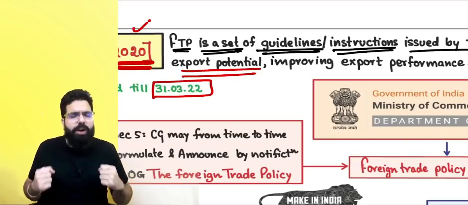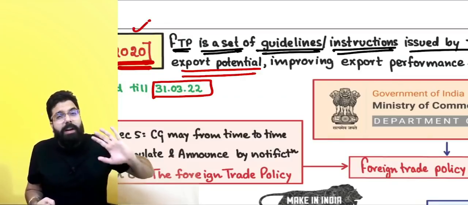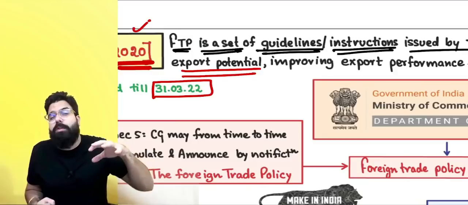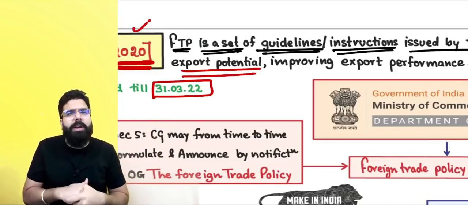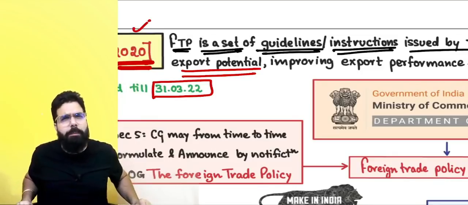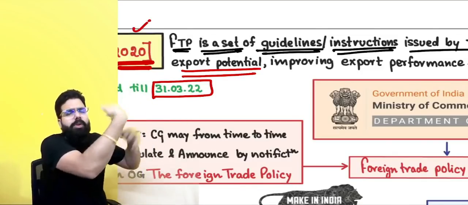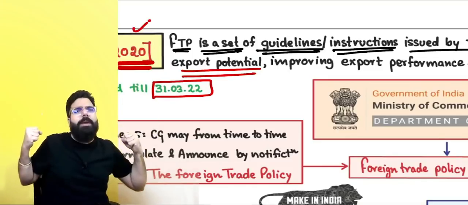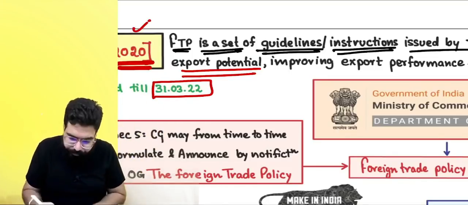India will have a lot of foreign reserve if the government of India tries to grow the export potential. So the foreign trade policy has, as one of its main objectives, how we can increase exports. The more the exports, the more money will come in. The more foreign currency coming in, India will become strong.